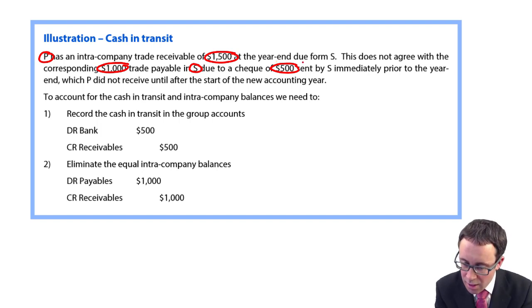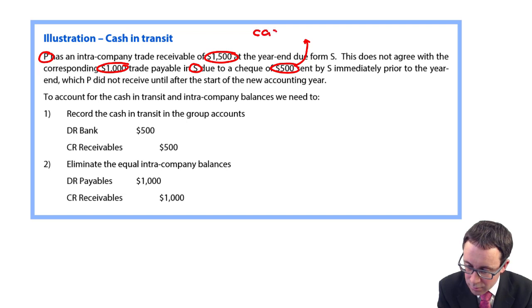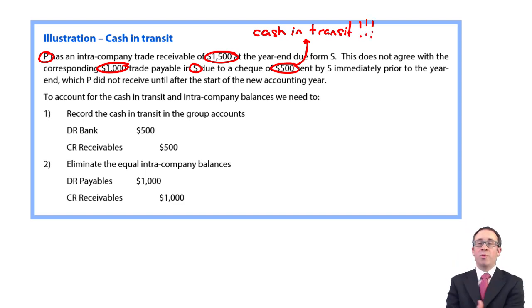Okay, so that 500 is the cash that's in transit. That's what S has paid. S will have credited its bank account and debited its payable. So reducing it from probably what was 1,500 down to the 1,000.